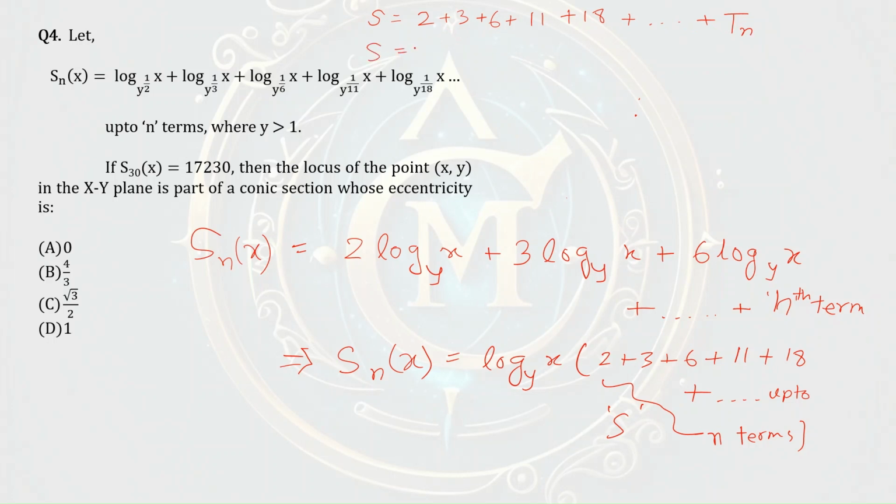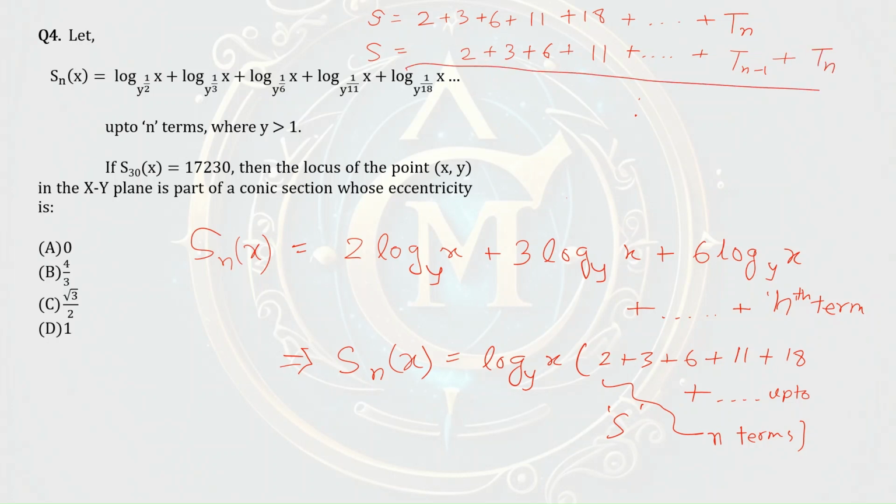Then we rewrite this series again, but with shifting the terms by one term. So we write 2 below 3, then 3 below 6, then 6 below 11, and 11 below 18, and so on, and Tn minus 1 below Tn, and then Tn.